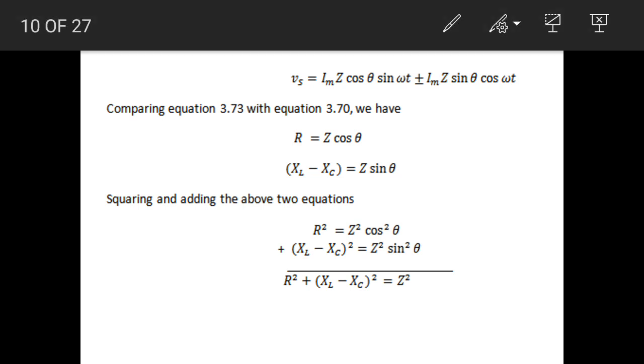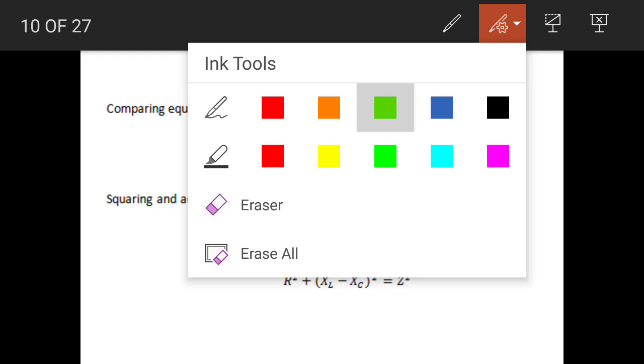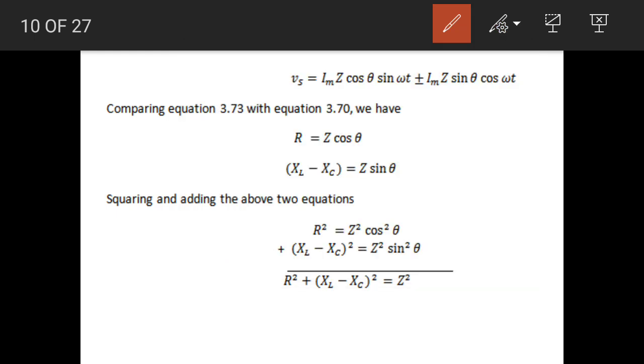So we expand the previous equation, and this is the AC voltage across the source. The AC voltage across the source is equal to IMZ cos theta sine omega t plus minus IMZ sine theta cos omega t.